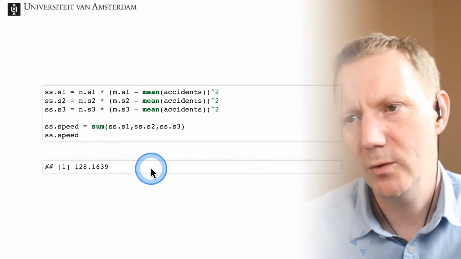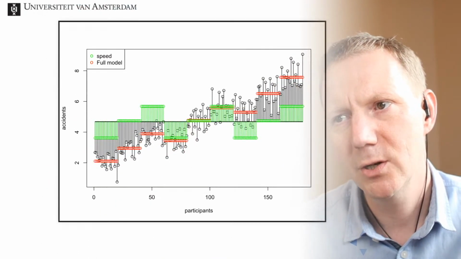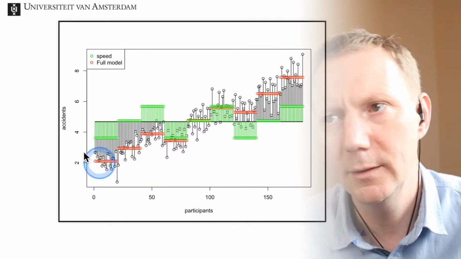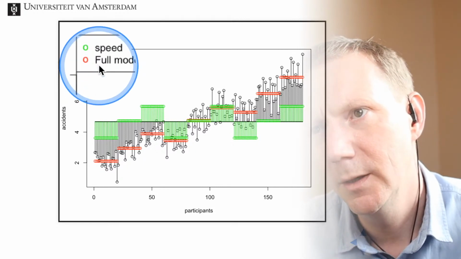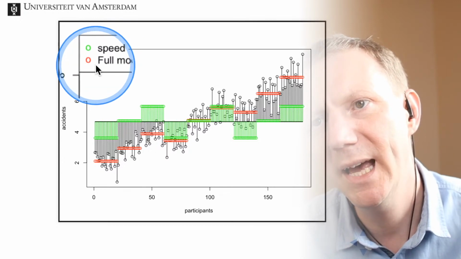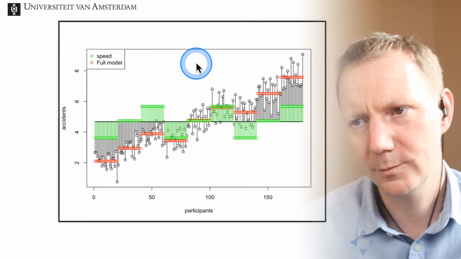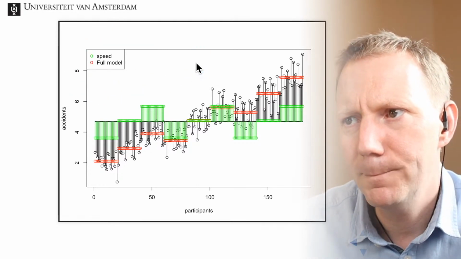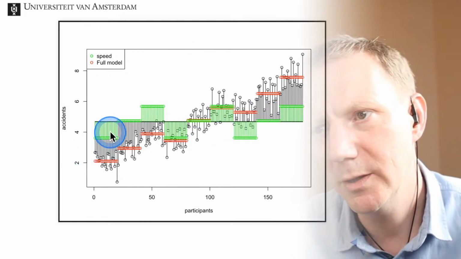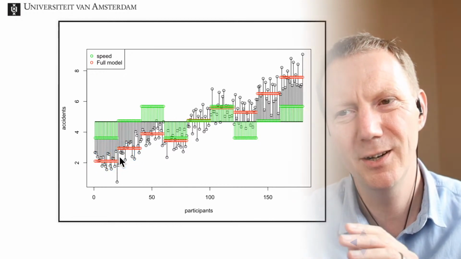Again, we want to look at this visually because it gives us a clearer view of what's going on. We have the 3 different conditions of speed, and I still left in the expected model outcome. We see the 3 groups, but they're a little bit spread out because of the way we ordered the data.